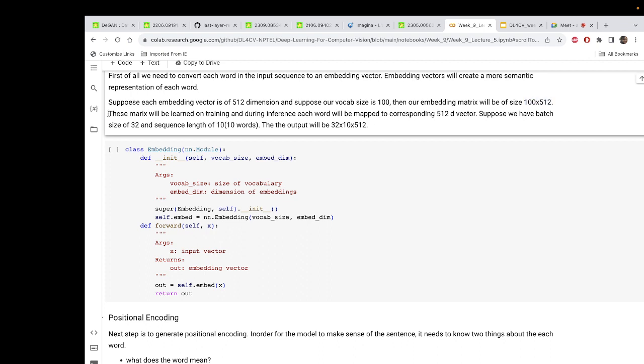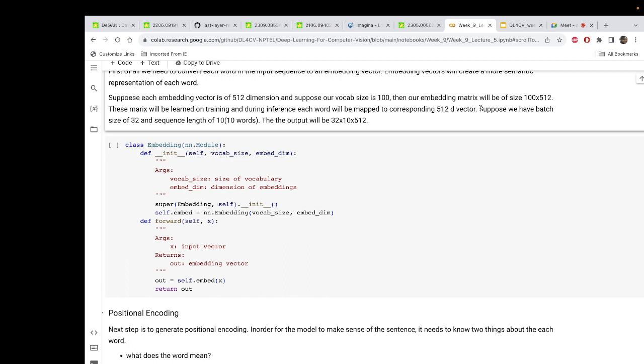This matrix will be learnt on training, and during inference each word will be mapped to the corresponding 512 dimension vector. So, we are trying to learn a 512 dimensional space, and in that particular space each word is mapped as a vector. We learn that during training, and during inference we will be able to map.